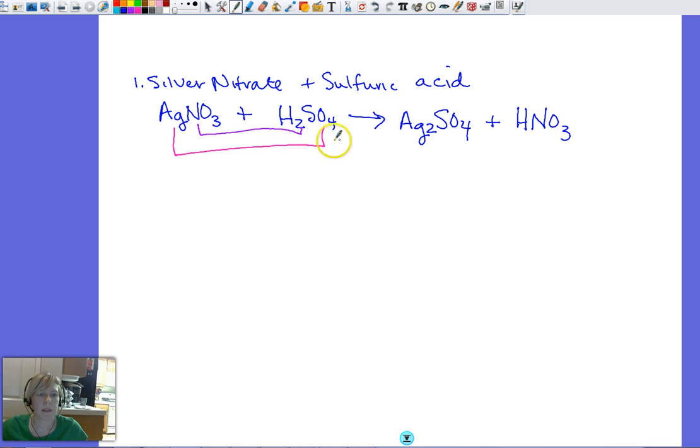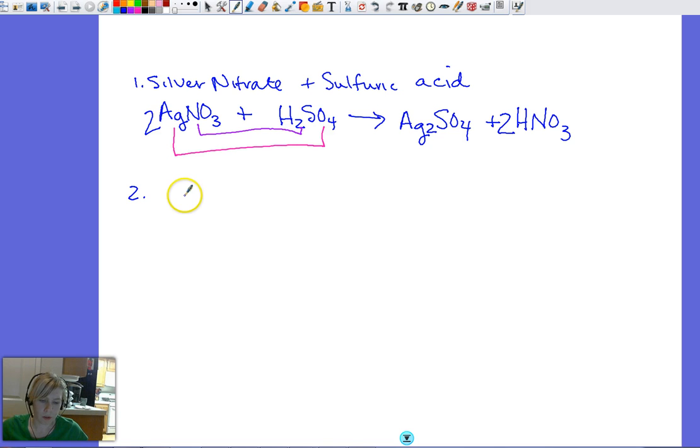And now we need to balance it. So we have 2 hydrogens over here, so I'm going to put 2 here. We have 2 silvers here, I'm going to put a 2 here, and now it balances because we have 2 NO3. Alright, so that is what it wants you to do when writing the equation. So start by writing out the products, and then these are going to be double replacements, so just go ahead and switch partners for the products.